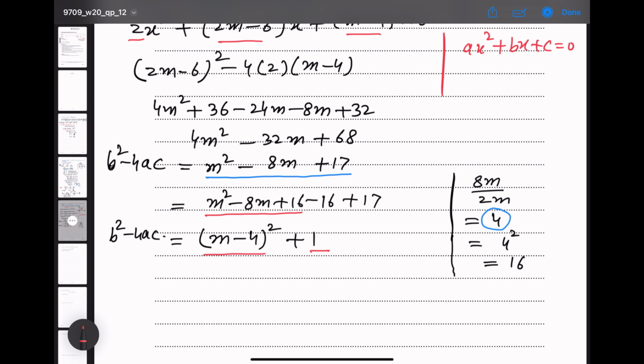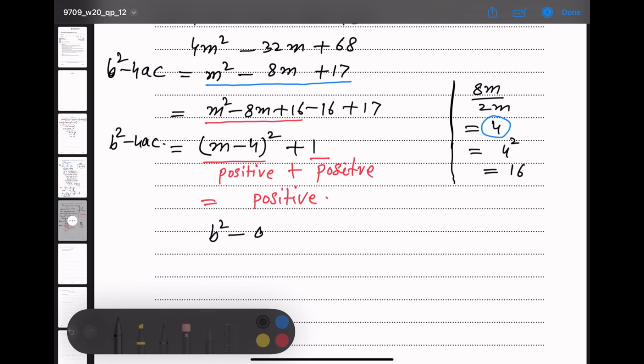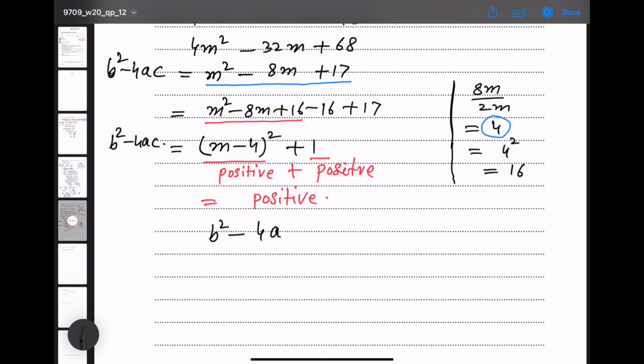Both are adding, so this is positive. Positive plus positive is positive. So hence we have justified that b square minus 4ac is positive. Justified.